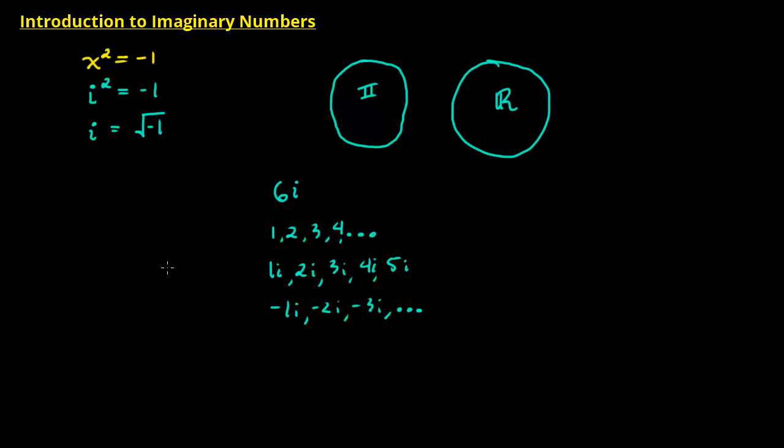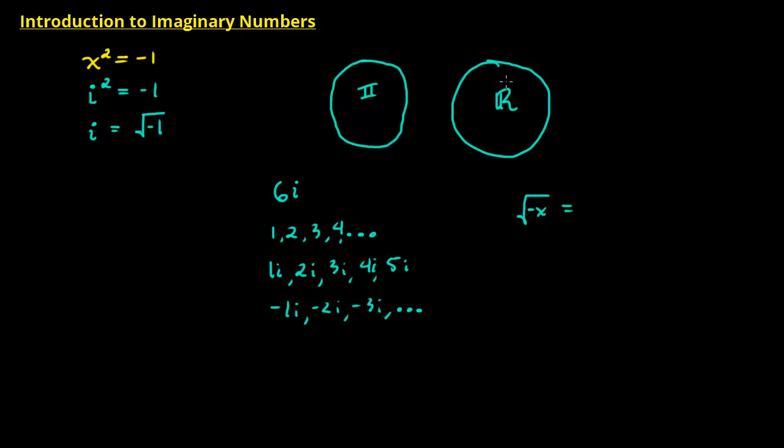Let's think about what other operations we have in the real number system. My imaginary number system has to be consistent with the arithmetic operations that I already have in the real number system. So let's say I have the square root of -x.